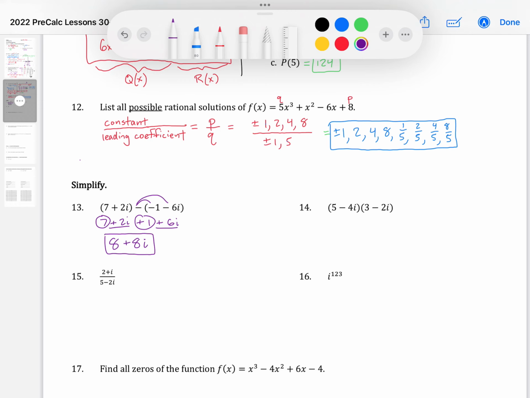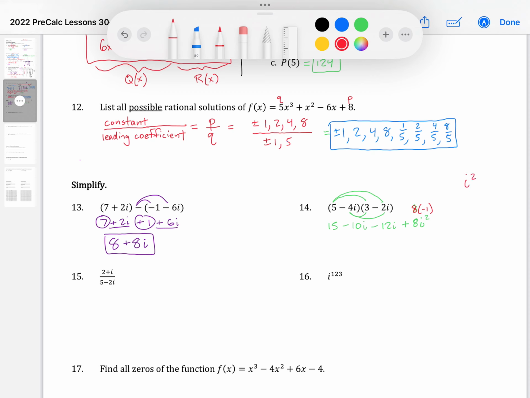All right. In 14, we need to FOIL. So we're going to take 5 times 3, which is 15. 5 times negative 2i is negative 10i. Negative 4i times 3 is negative 12i. And then you have negative 4i times negative 2i, which is plus 8i squared. So remember, you should never leave i squareds in your answer. This term back here is actually 8 times negative 1.